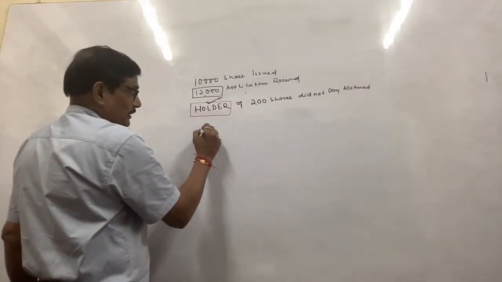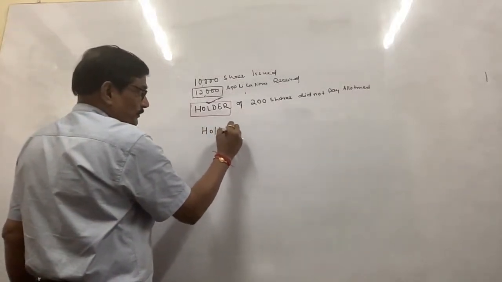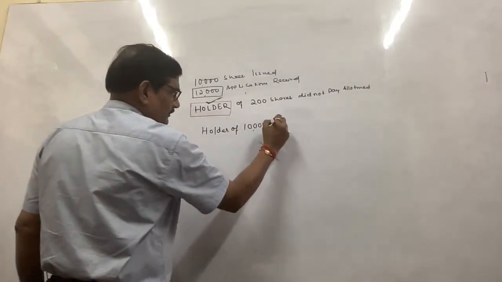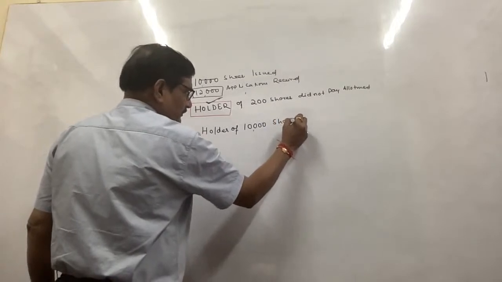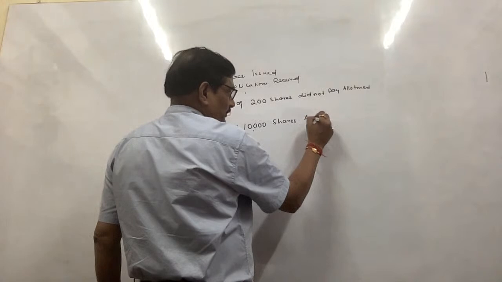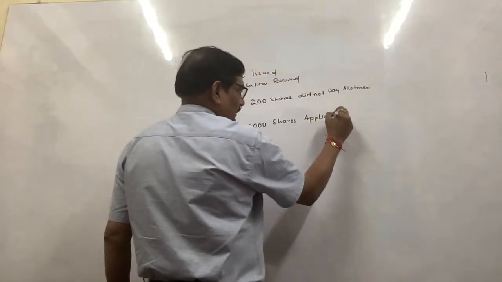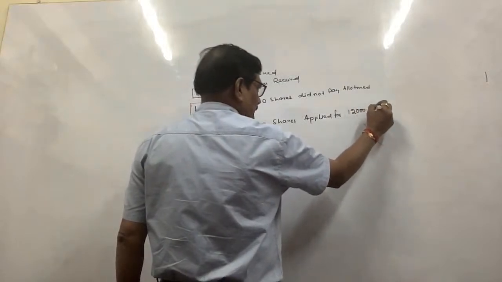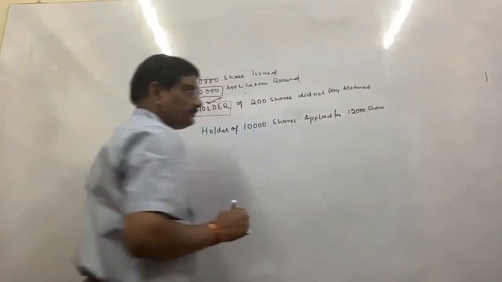Now see, holder of 10,000 shares applied for 12,000 shares. Right?